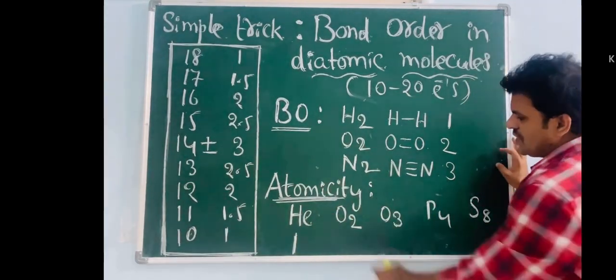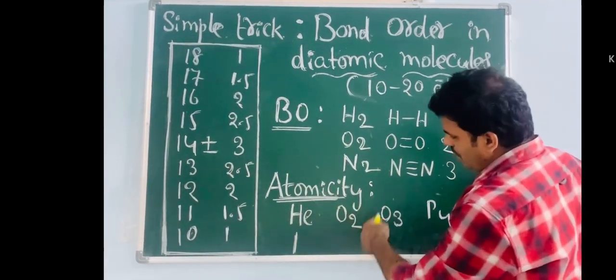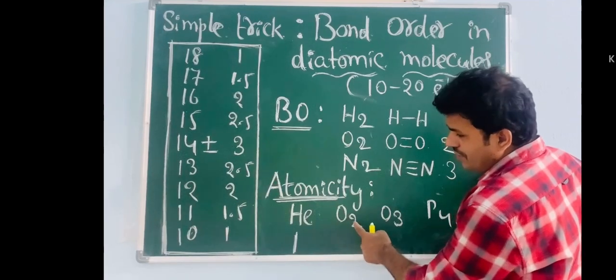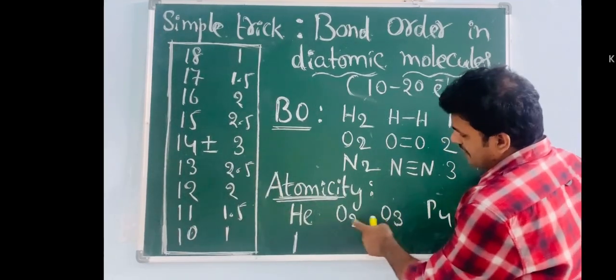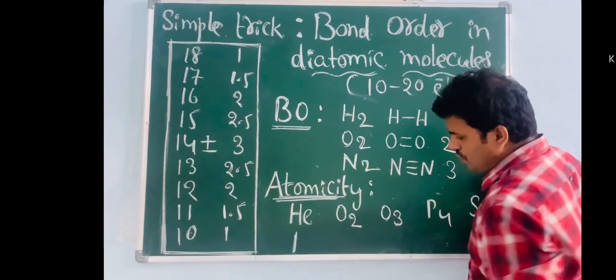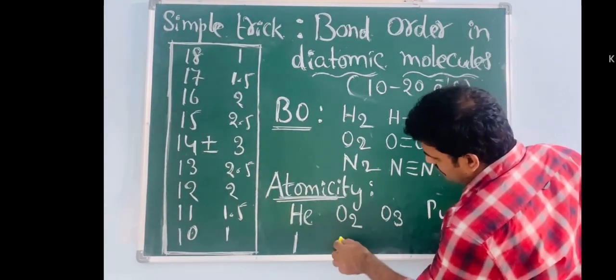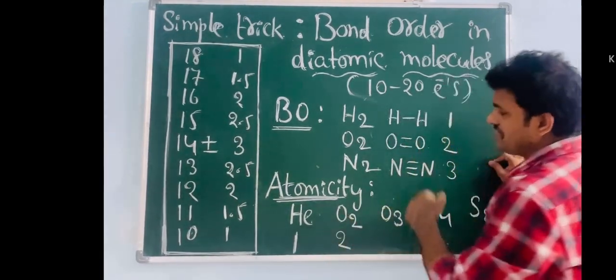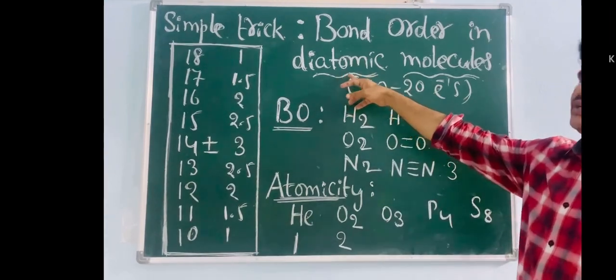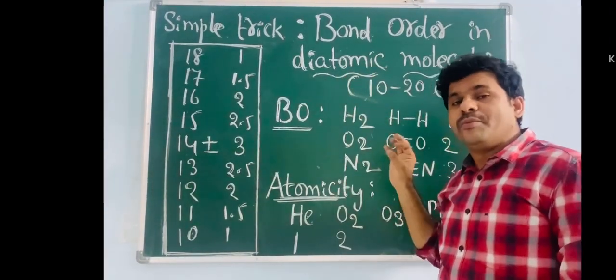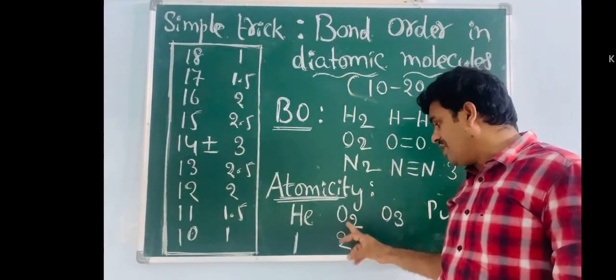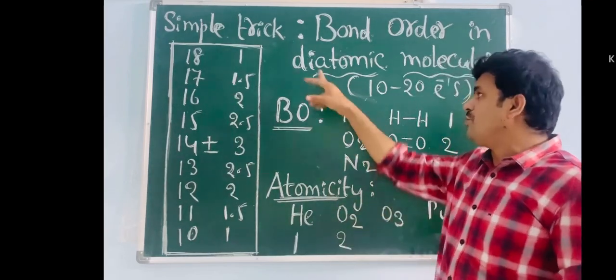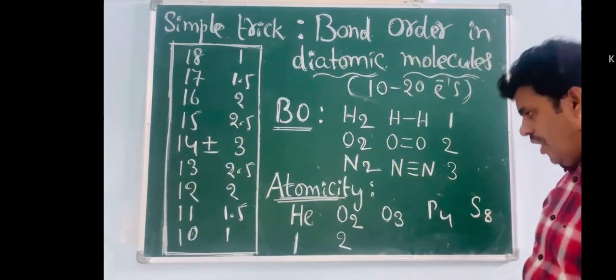Next one students, oxygen gas, oxygen molecule, formula O2. The number of atoms present in an oxygen molecule is 2. So this is the atomicity of oxygen, 2, which is diatomic. So diatomic means the number of atoms present in a given molecule is 2. These types of molecules are diatomic molecules.